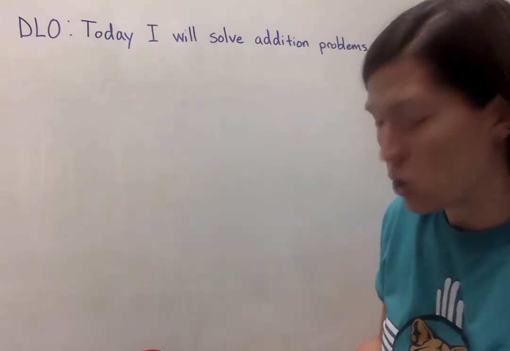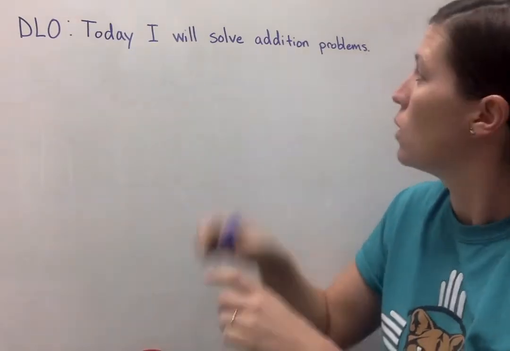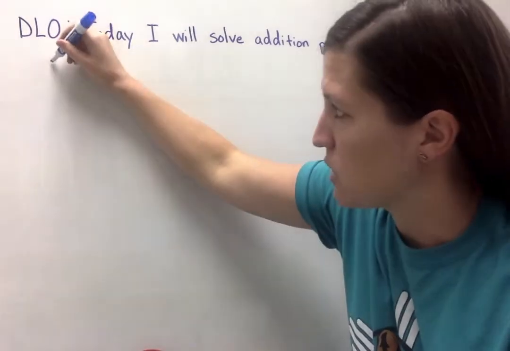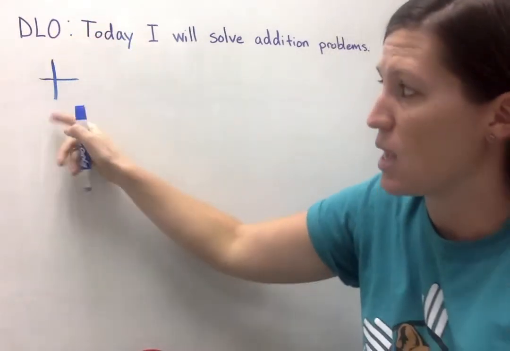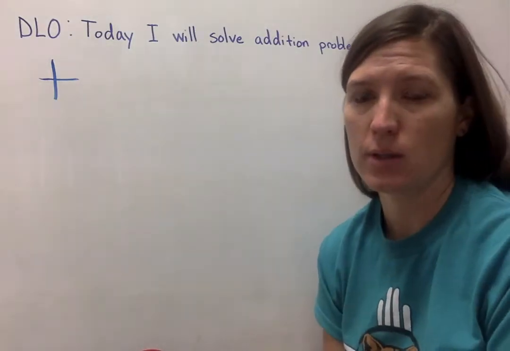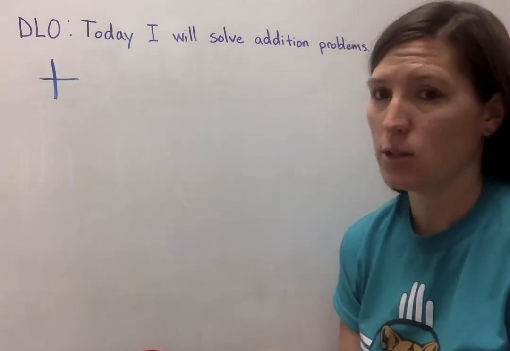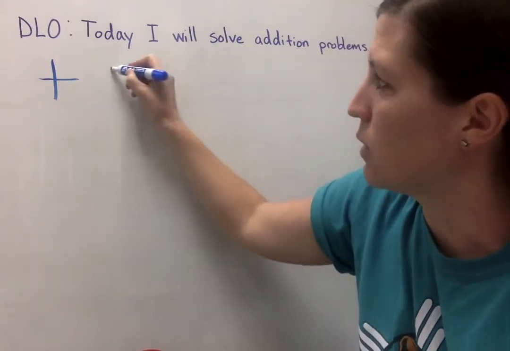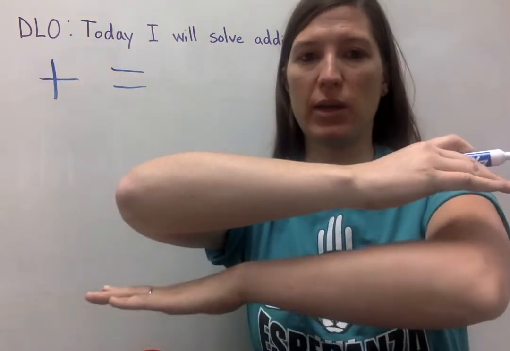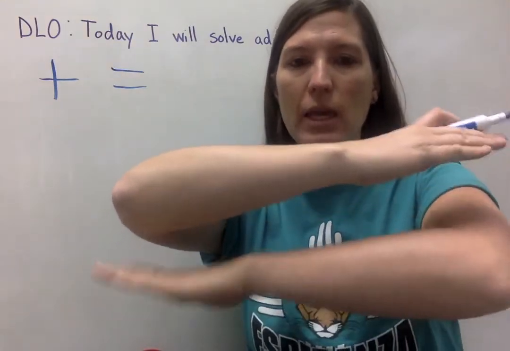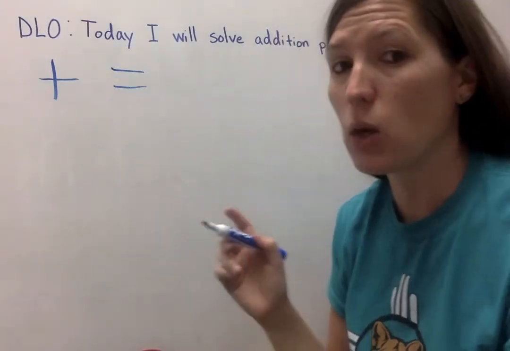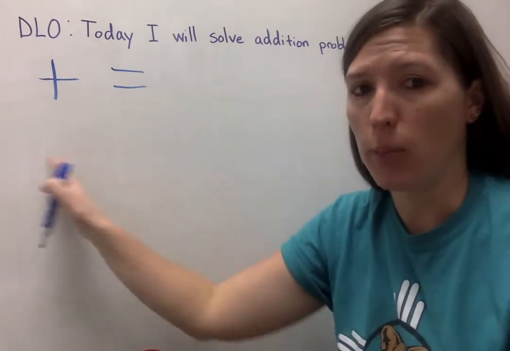Before we get started, I want to review addition. Addition means we're getting more. So here's my sign. Say plus. Say getting more. Say adding. Good. Here's my other sign. Say equal. Put your hand up like this. Say equal. Equal means the same. Whenever we write an equation, we need to have the proper signs.